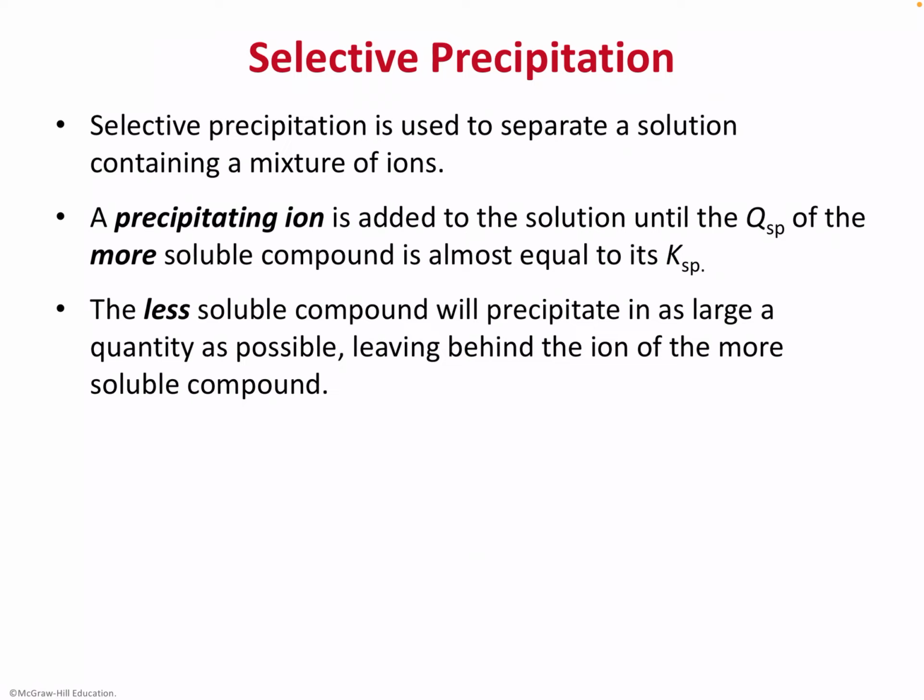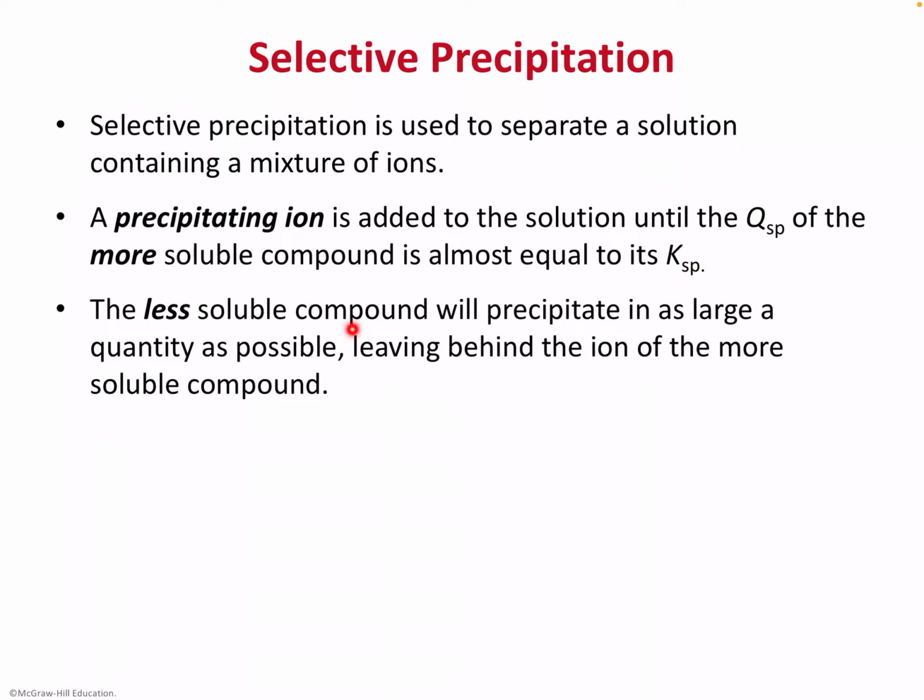Selective precipitation is used to separate a solution containing a mixture of ions. A precipitating ion is added to the solution until the Qsp of the more soluble compound is almost equal to its Ksp.